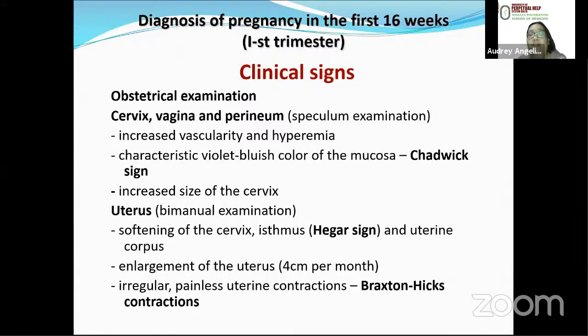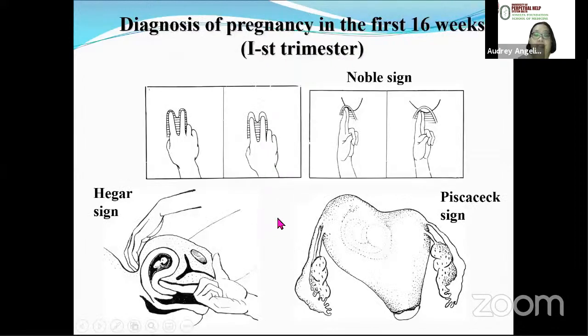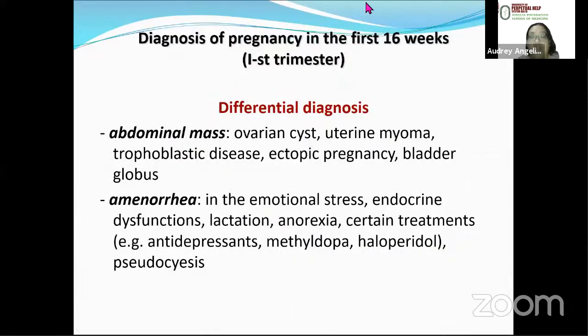Most common would be your Chadwick's and your Hegar's, which would be change in color and softening of the isthmus, respectively. Okay? Of course, you have your other differentials, as I've mentioned. Amenorrhea could be caused by a lot of things. So it could be an abdominal mass. It could be the following. Right?